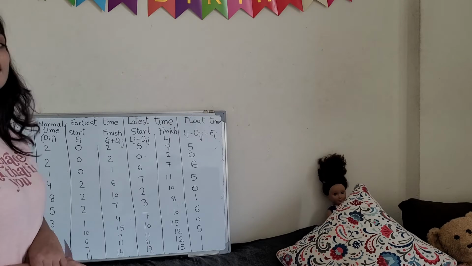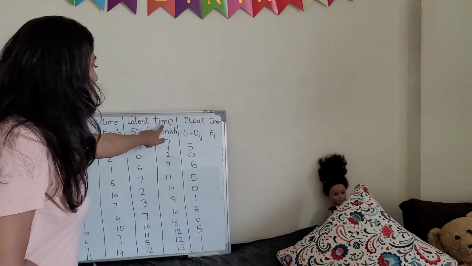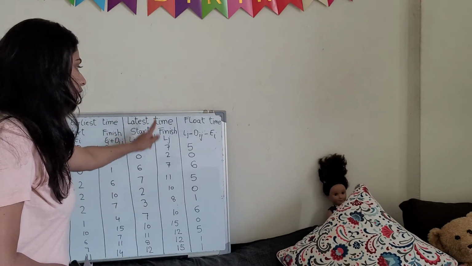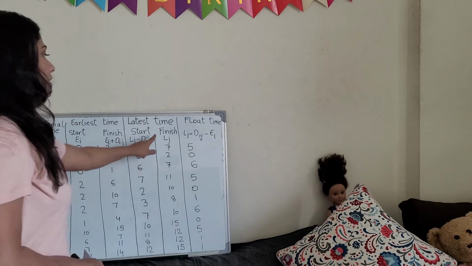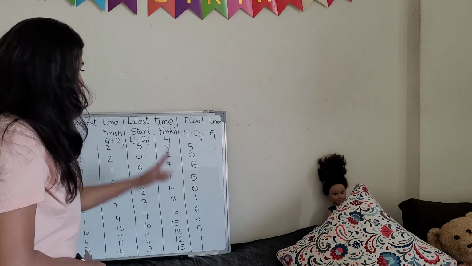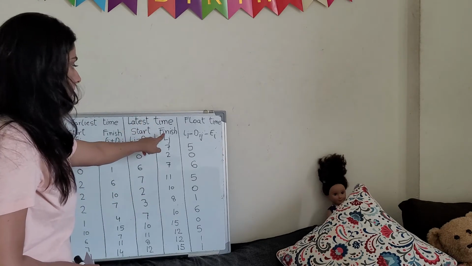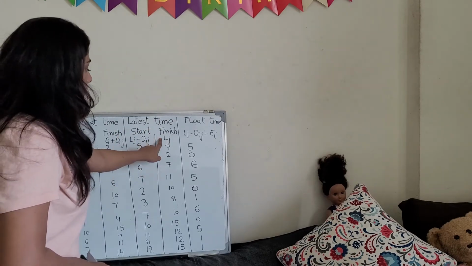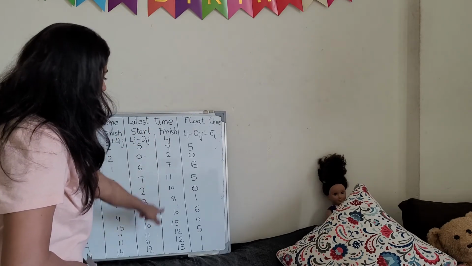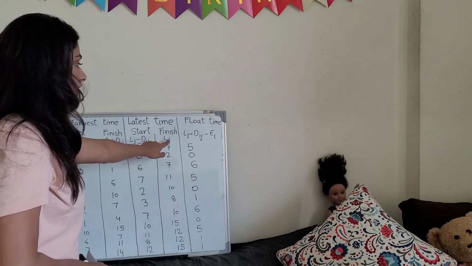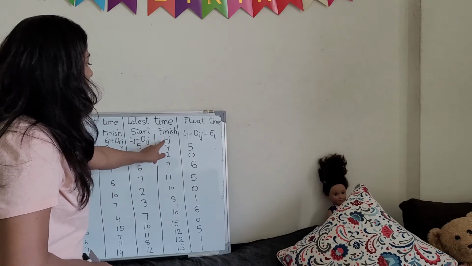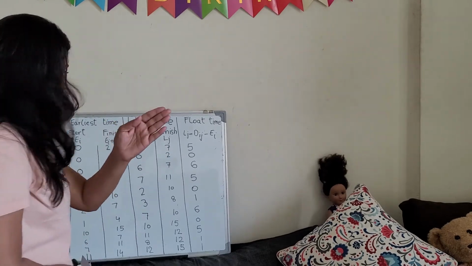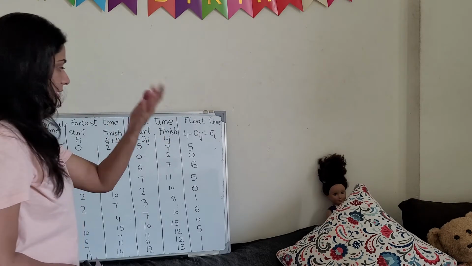Now we will calculate latest time. Latest time we will calculate first. This column also will be divided into two parts, start and finish. So first we will fill this column, finish, LJ. Similarly, latest time for last activity, LJ. Finish means last activity.